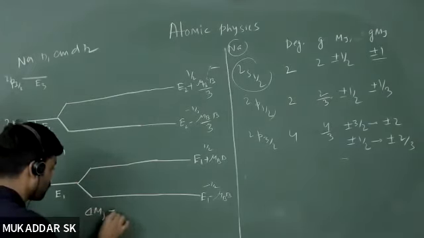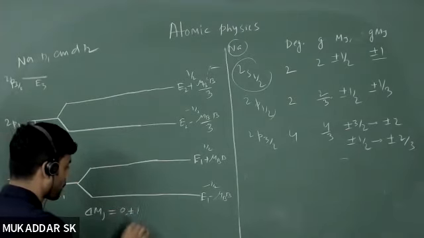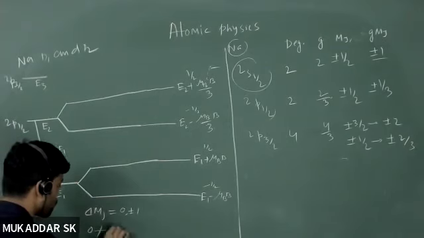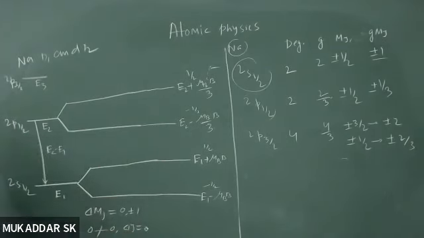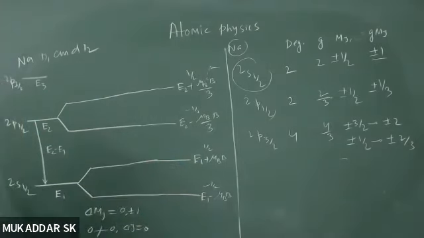Delta mj equals 0, plus minus 1. But 0 to 0 is not allowed if delta j equals 0. There is no mj equals 0 here, so this rule will not be applicable here.